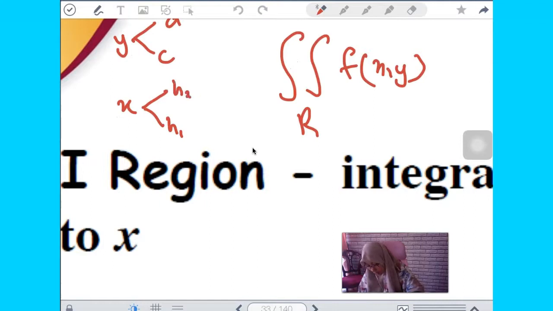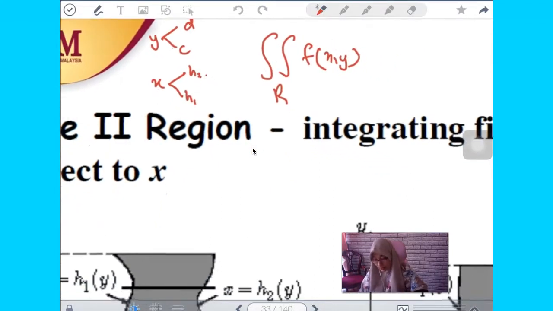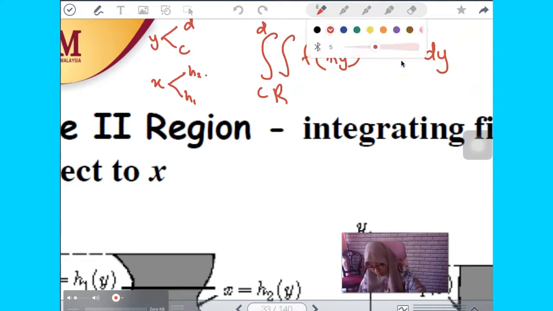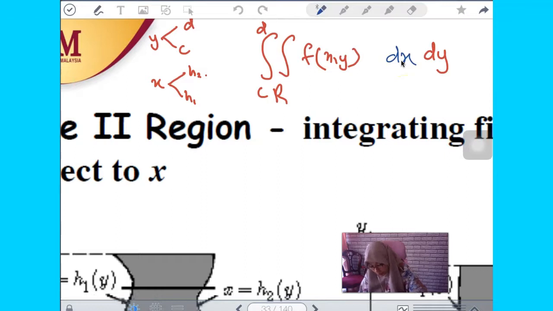Since y is constant, you have to put dy outside, and the limit of y is also constant, c to d. Since you have chosen dy as the outer integral, the inner integral should be dx. So now you put the limit of x, which is the function h1 to h2.